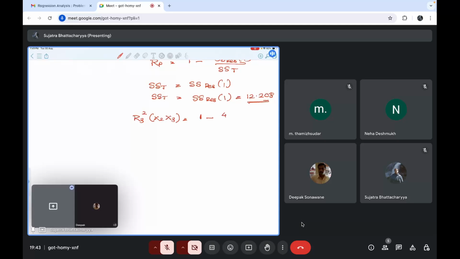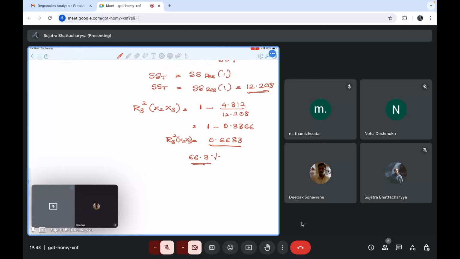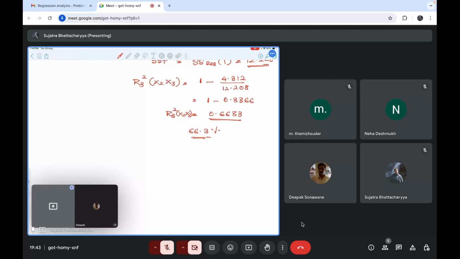So it is 4.312 divided by 12.208, which is 1 minus 0.3366, comes out to be 0.6633. So R3 square, or RP square, whatever you want to say, for x2 x3 is 0.66 or 66.3%. In percentage, it is just multiplied by 100. Okay, this is the answer.